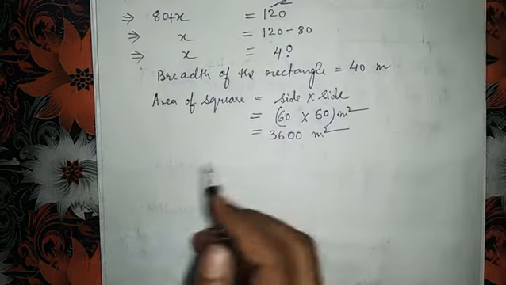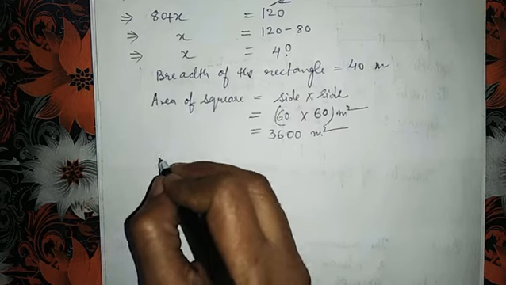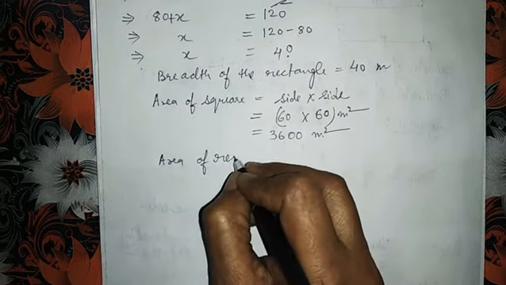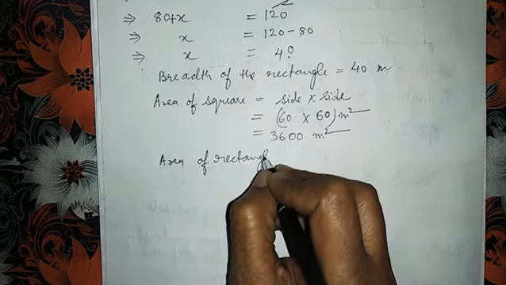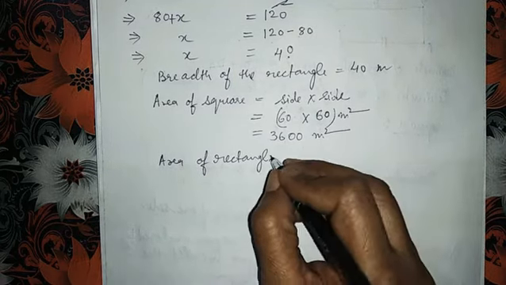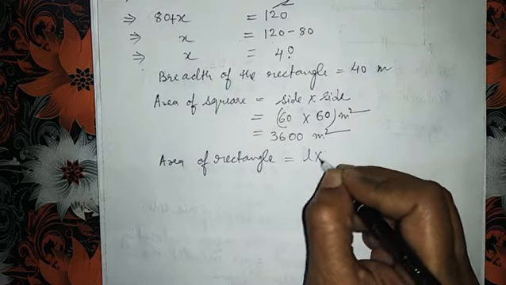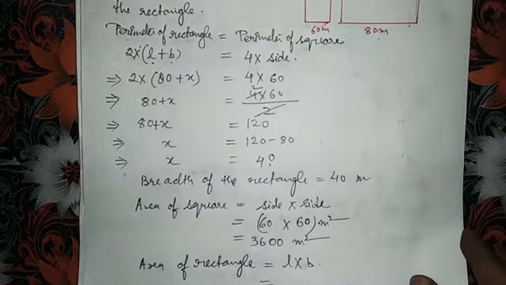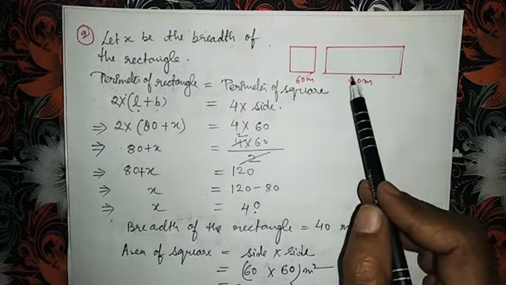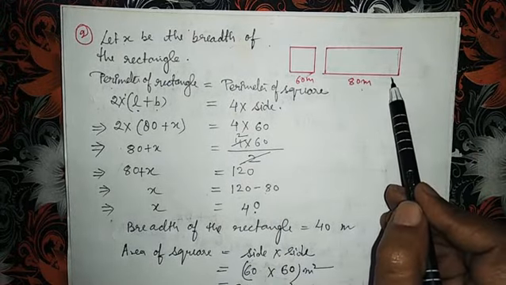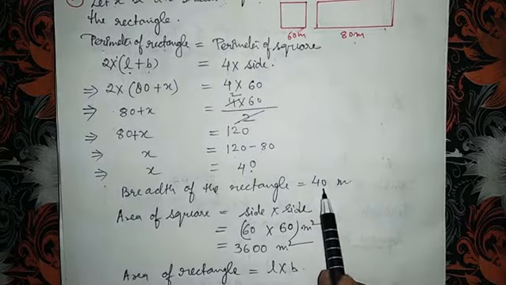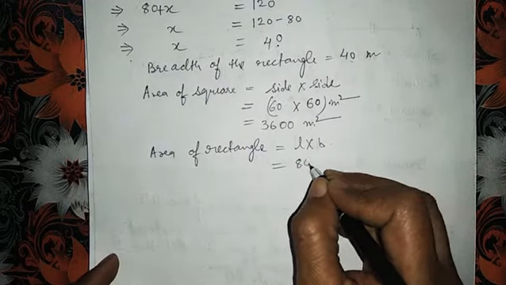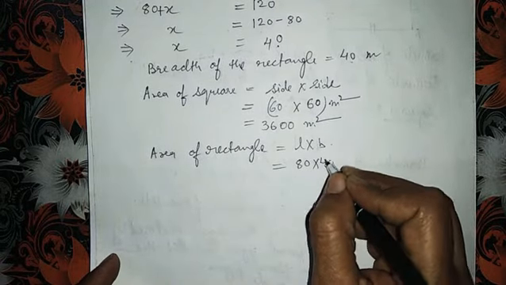Now we will find area of rectangle. Okay, formula is length into breadth, and length here you can see is 80. And breadth here we have calculated, so here we will write 80 into 40.